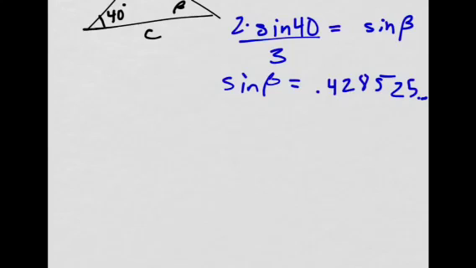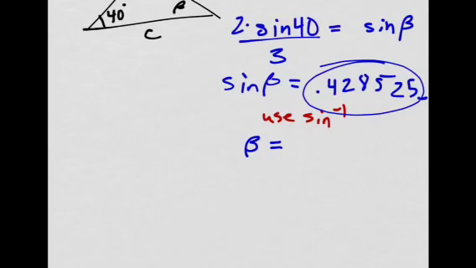To find beta, though, I have to use arcsine. Anytime you're trying to find the angle, you use arcsine or arctangent or whatever trig function you have, you use the inverse of it. I'm pushing second and then the arcsine button, and then I get my answer. You can't see, but it is sine inverse, which is arcsine, and I get 25.37.